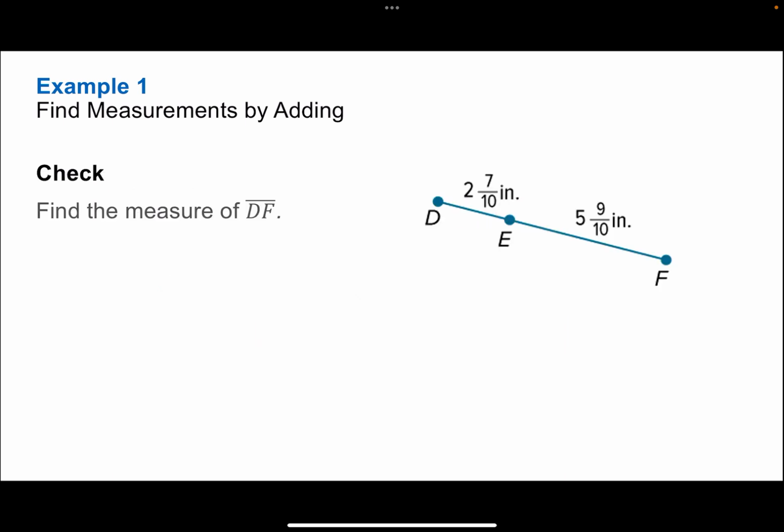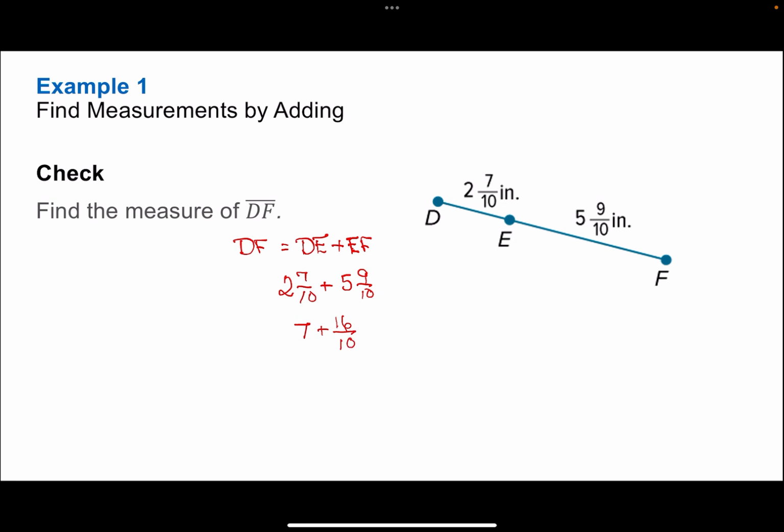We can also do the same with fractions. If we want the measure of segment DF, or the distance between points D and F, then we're going to add the distance between points D and E and the distance between points E and F. And so we can add 2 and 7/10 with 5 and 9/10 and get 7 and 16/10.